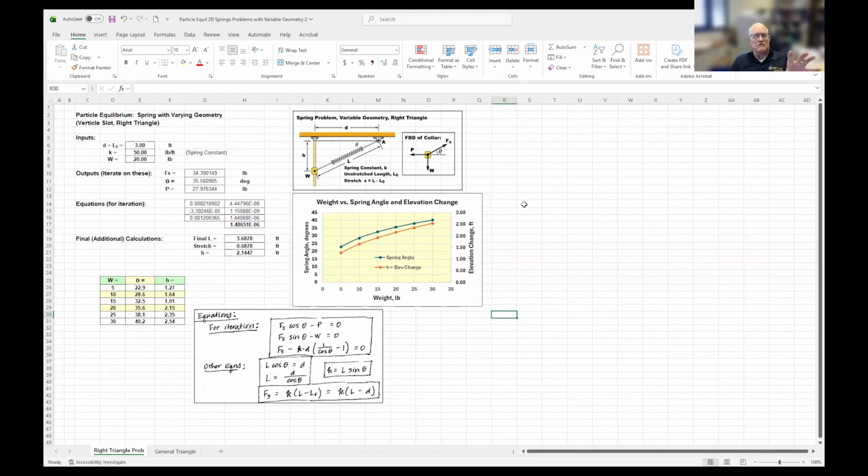But you can do something like this, which is more advanced, where you can actually calculate the geometry too, as it changed. So you've got that capability. Obviously, you're not going to do this on a test. You might have a homework problem like this, but it's pretty powerful. I'm just showing it to you because it's cool. It's a great application of Excel.